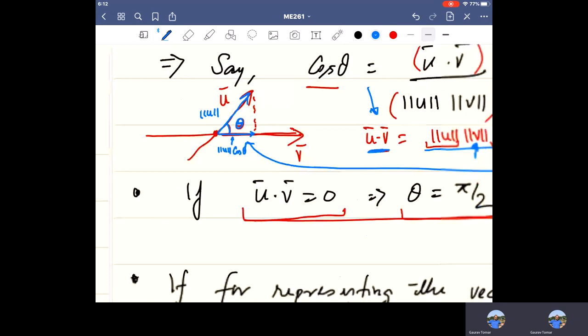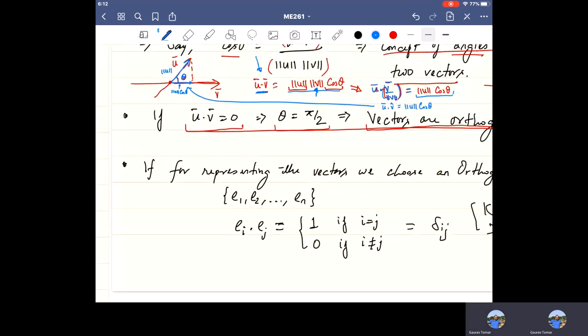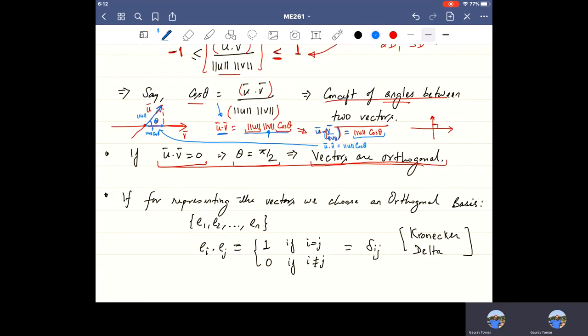Okay. Now moving forward, we're going to extend this concept of orthogonal vectors. For an n-dimensional vector space, for representing the vectors, we choose not just any random vectors, but a certain set of vectors which have the property of being orthogonal to each other.